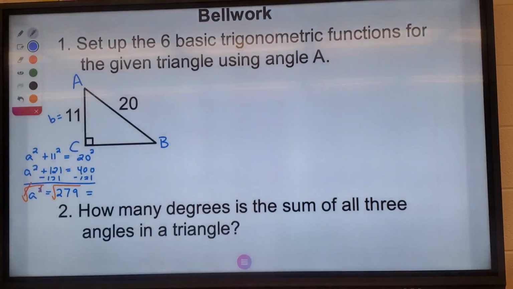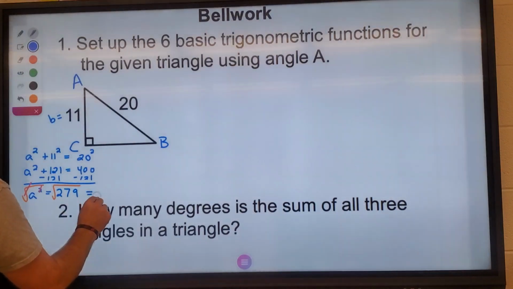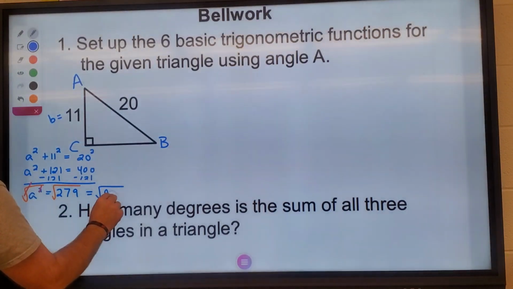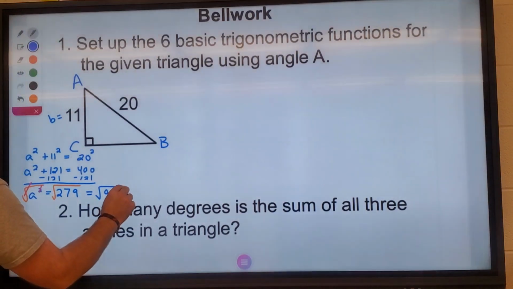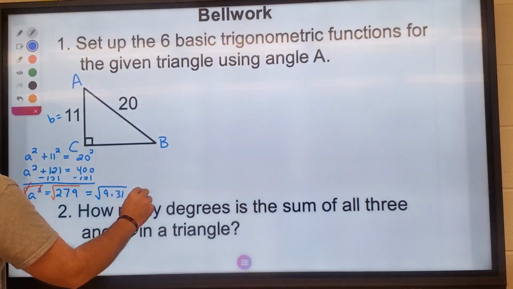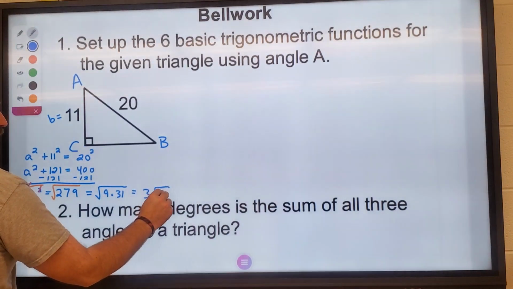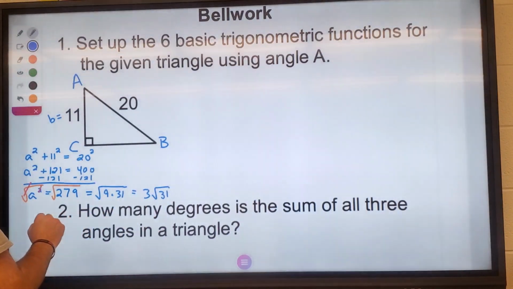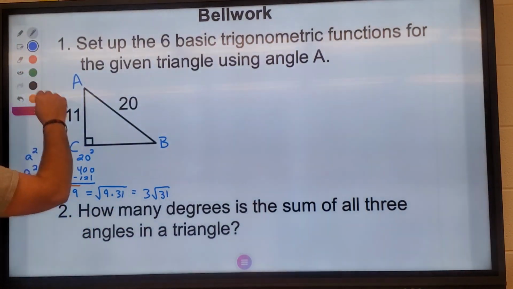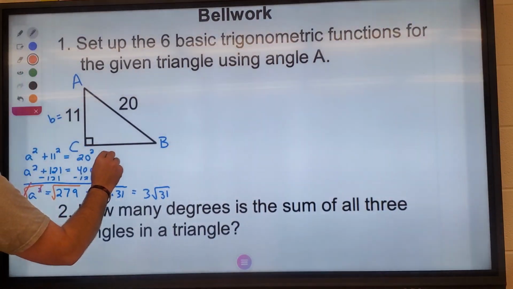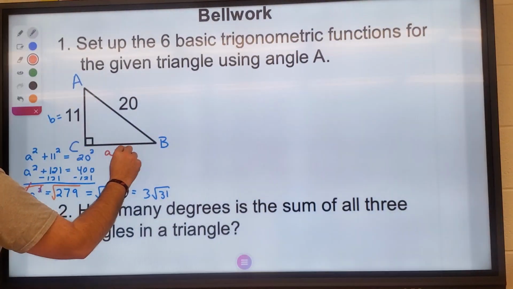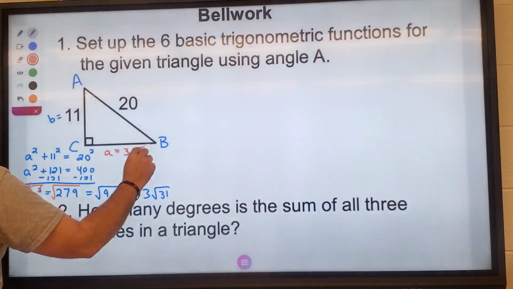So the square root of 279 can be simplified into the square root of 9 times 31, which becomes 3, because the square root of 9 is 3, times the square root of 31. So the value of a here is 3 square root 31.